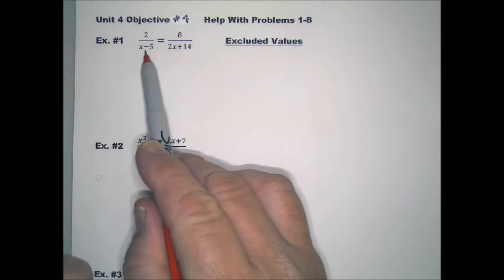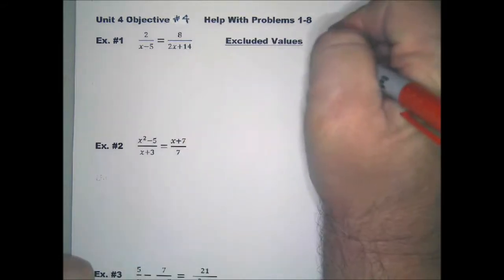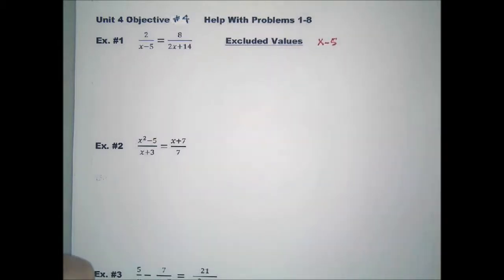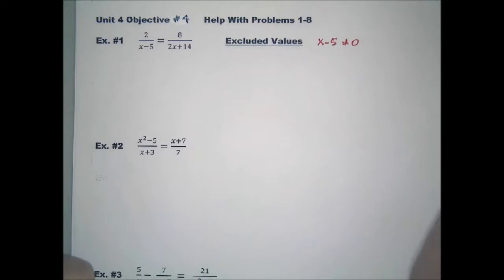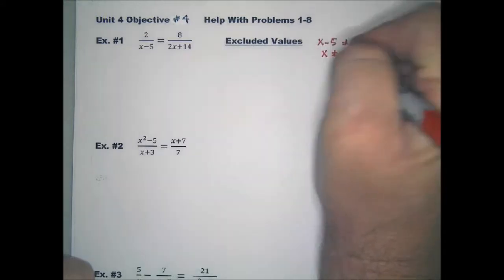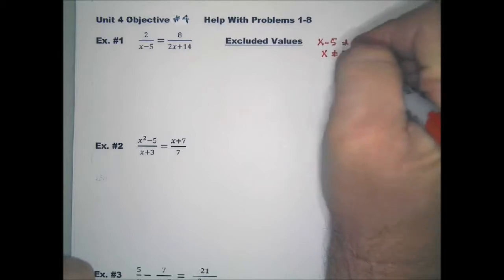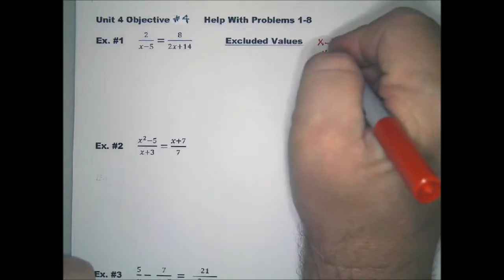We've got to figure out what the values of x are that we have to avoid. The first one over here on the left is pretty easy. I just have to say x minus 5 cannot equal 0. So therefore, x cannot equal 5. There's my first restricted value of x.